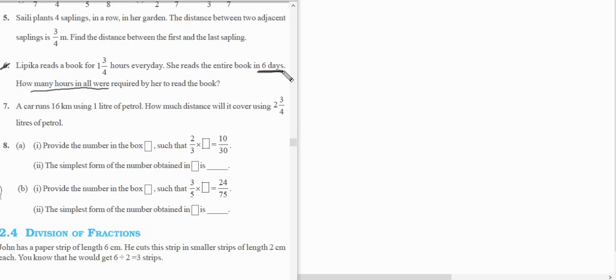So 6 days में पूरी बुक को रीड कर ले रही, तो कितने आवर्स टोटली लगे हैं टू रीड दिस बुक? We have to find the hours. So solution of this, in 1 day, 1 दिन में लिपिका को कितने चाहिए?